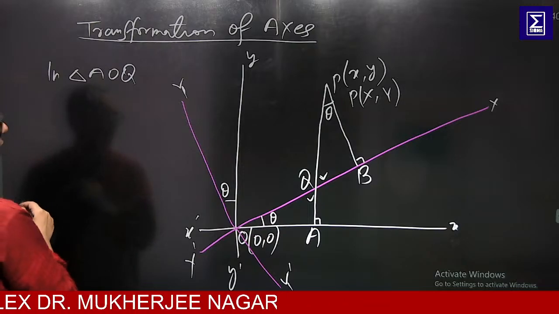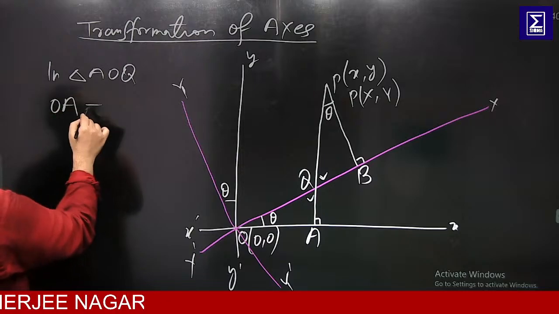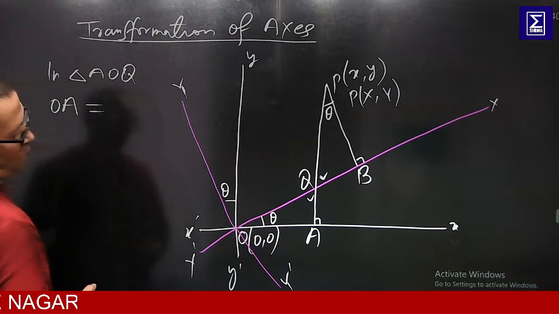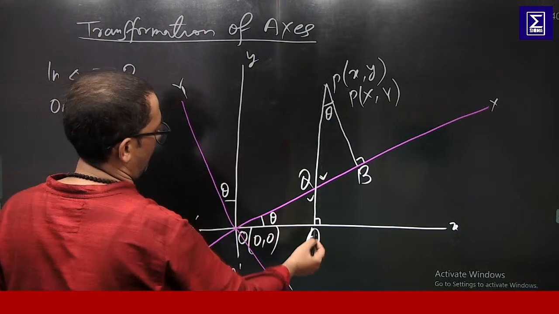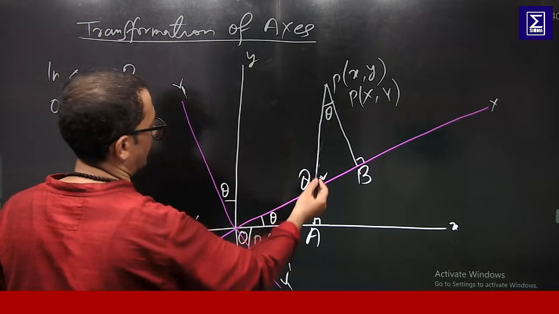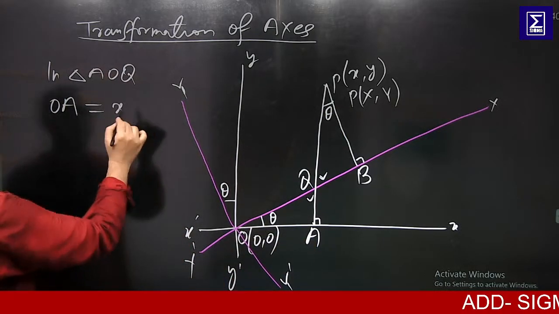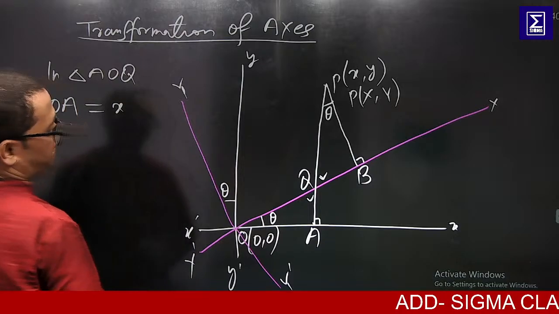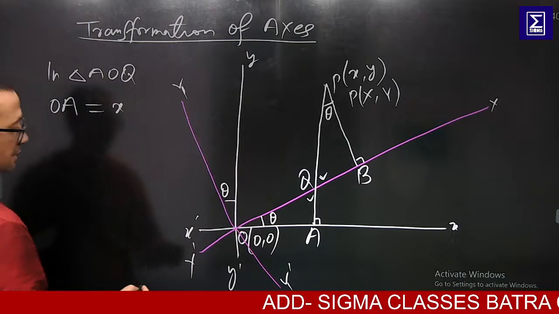What is the length of OA? OA is nothing but the perpendicular from P to A. So this length PA will be y and OA will be x. So this is small x.